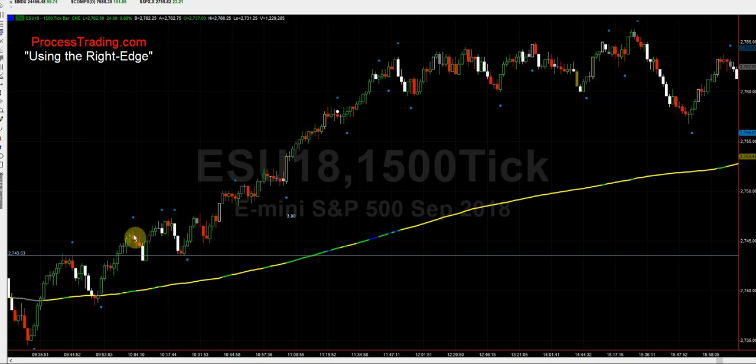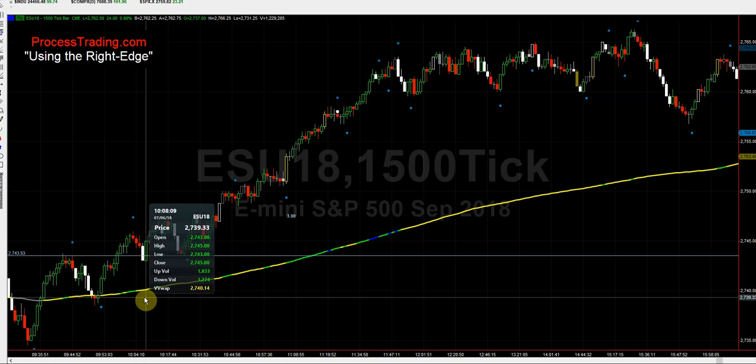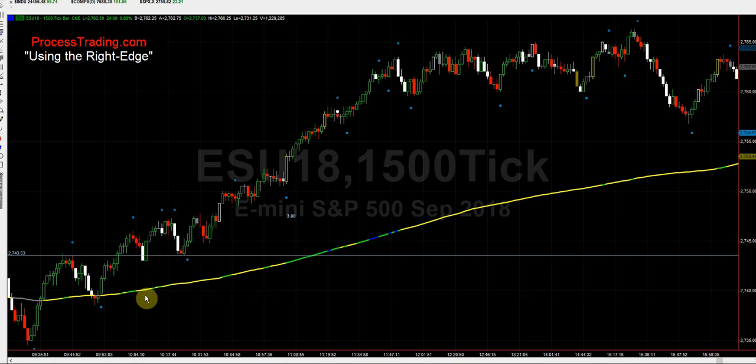Now, if you stayed with it, because it's a trend, you would have come down here and you got in at 43.50, and the low of this was at 43. So you would have had a drawdown of something like $25.